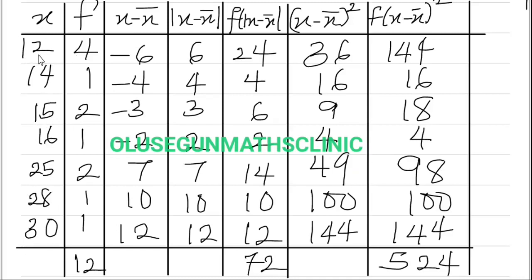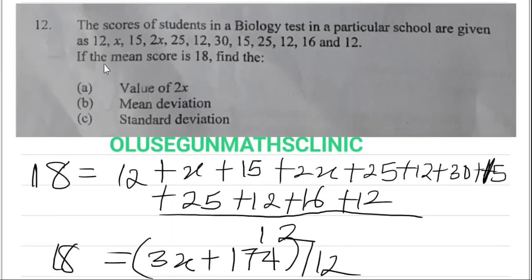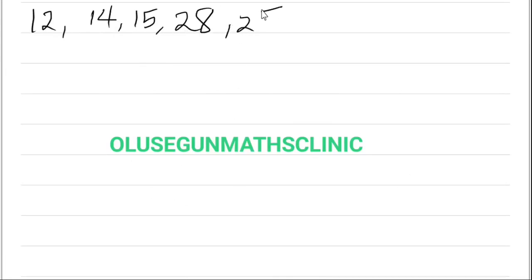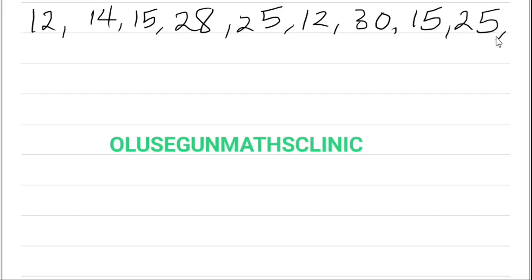From the question, 12 occurs 4 times. Let's count it. Okay, let's write out the values: 12, 14, 15, 28, 25, 12, 30, 15, 25, 15, 25, 12, 16, 12.